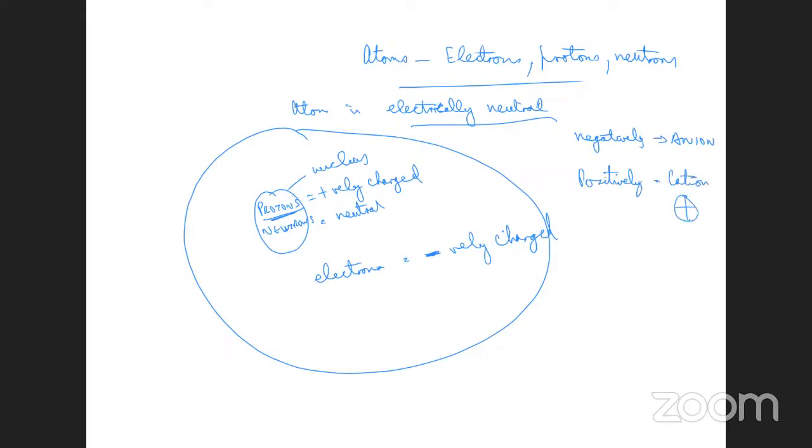Cation, remember, that's how we draw cat's ion. So anion negative, cation positive. This is determined by the number of electrons within an atom, because the number of protons and neutrons in an atom at this stage are fixed. It's fixed, okay?